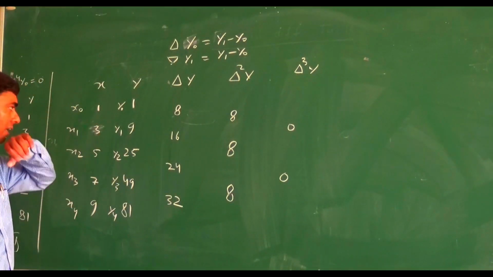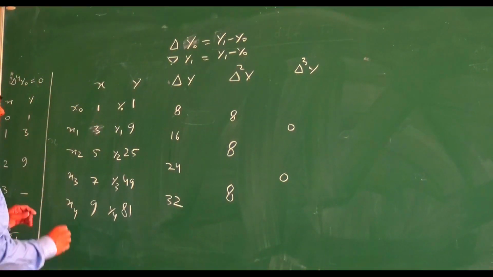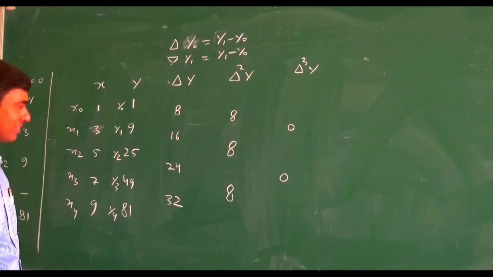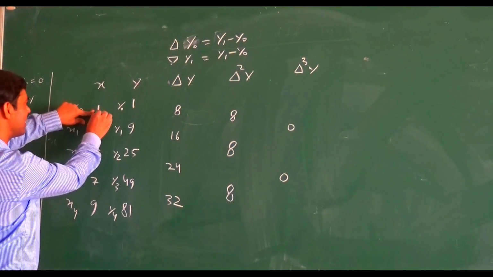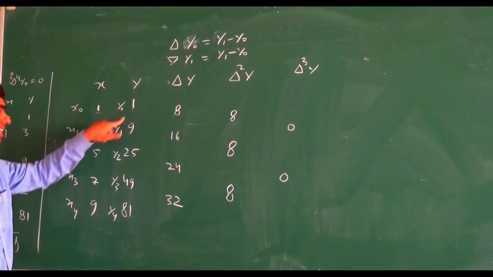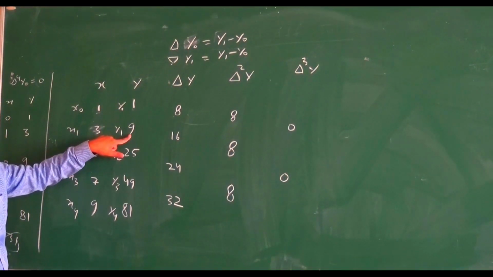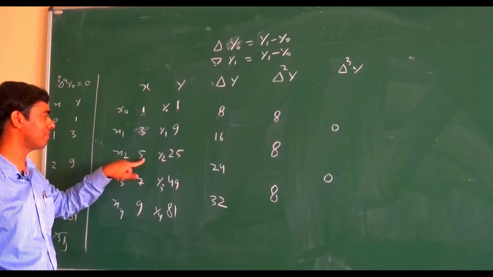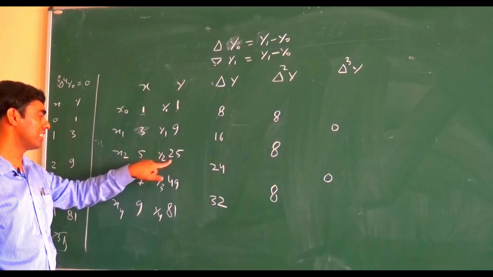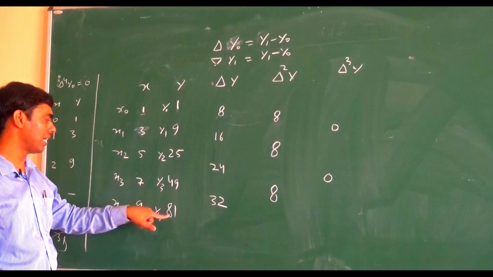observation from this table. If we closely observe the values of x and y, if x is 1, then the value of y is 1. If x is 3, then y is 9. If x is 5, then y is 25; 7, 49; 9, 81.